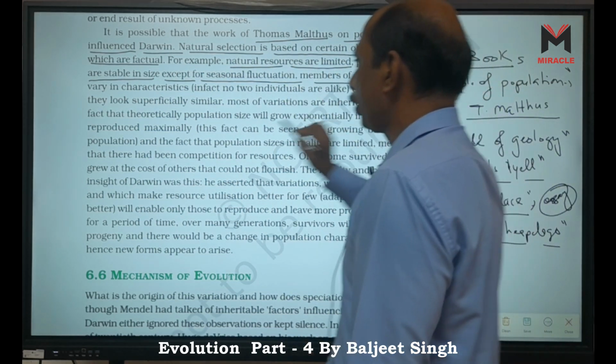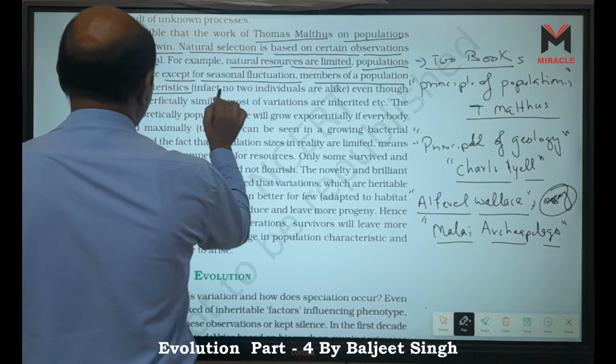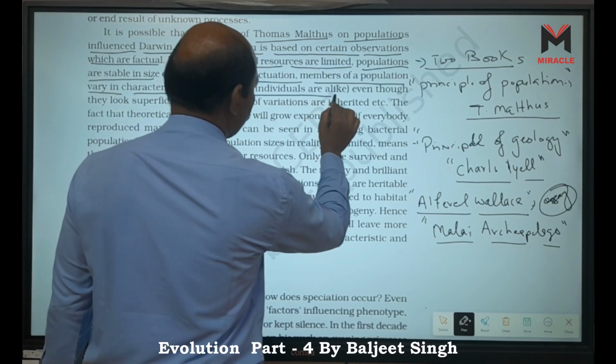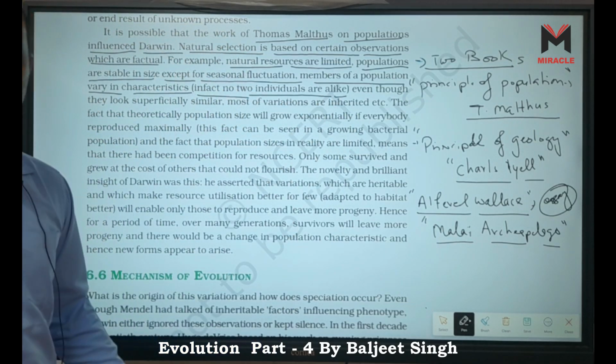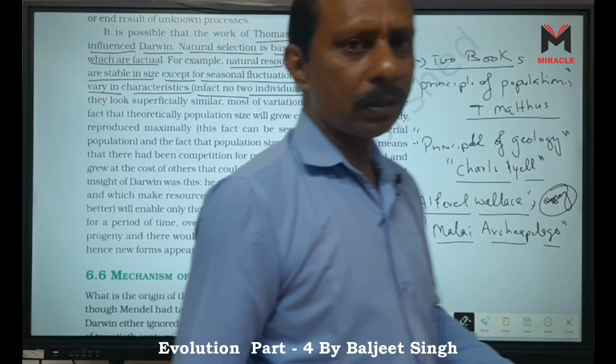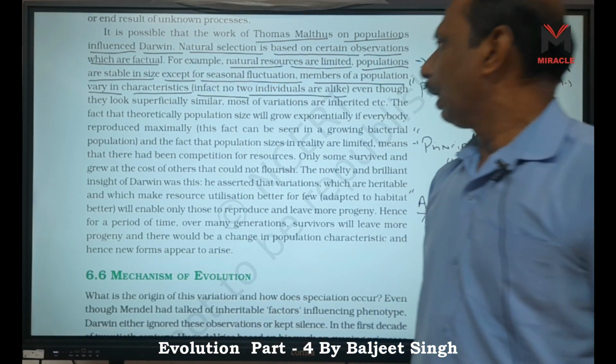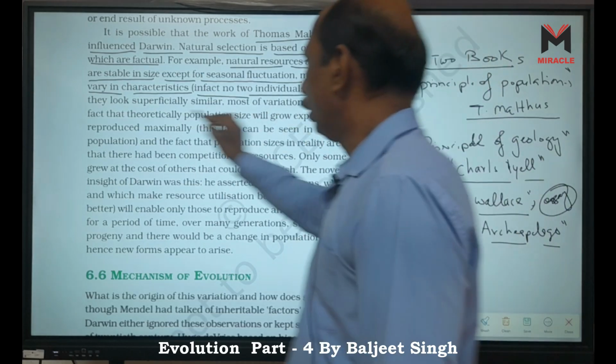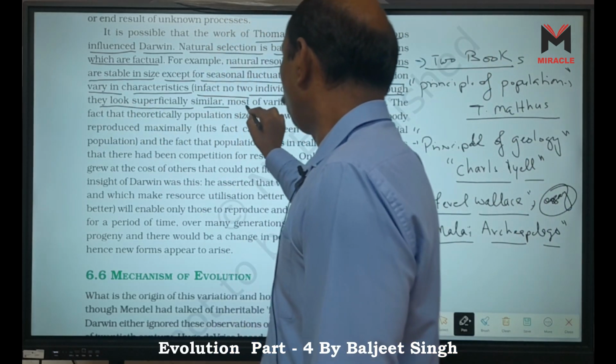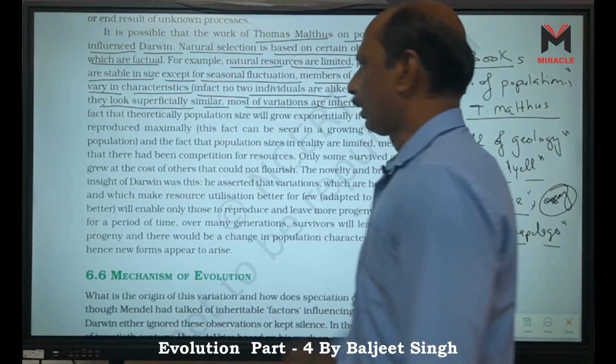Members of a population vary in characteristics. In fact, no two individuals are alike. Today we also know that no two humans, or even brothers and sisters, are alike, even though they look superficially similar. Most variations are inherited.